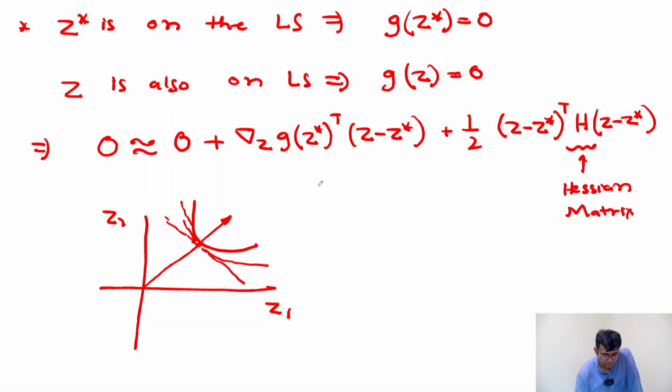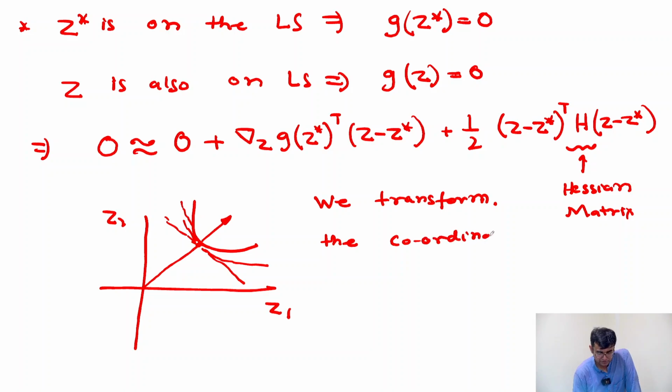So what we do here is we transform the coordinate, and how do you transform? By multiplying with a rotational tensor, which is a matrix basically.